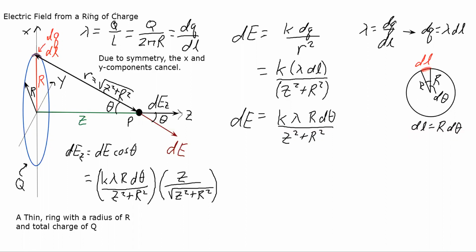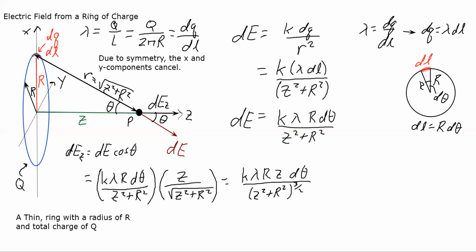Okay, so let's simplify that. k lambda R Z dθ over Z squared plus R squared to the 3/2. Okay, so that's our dEz.